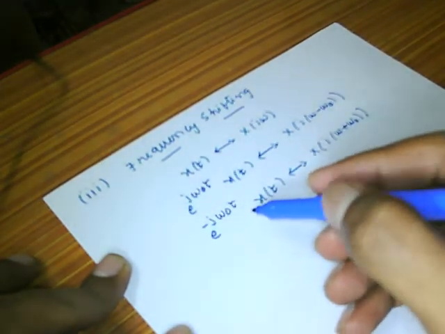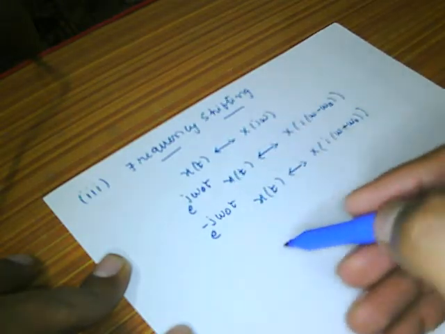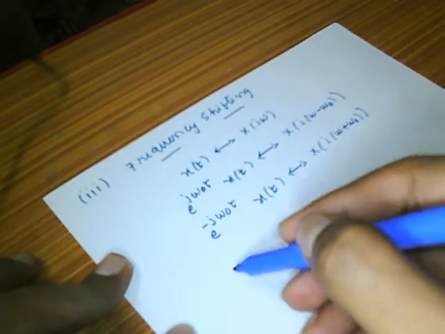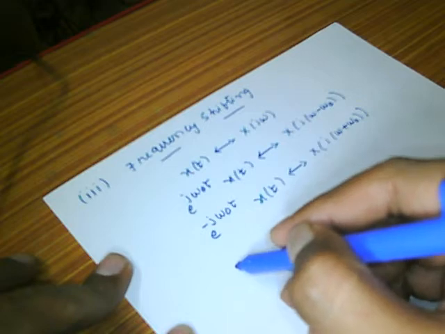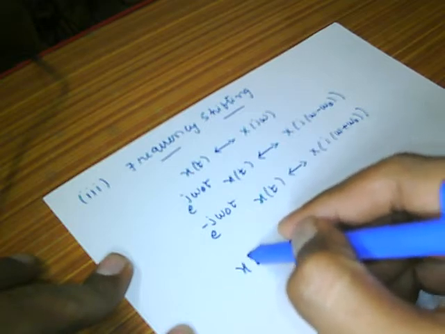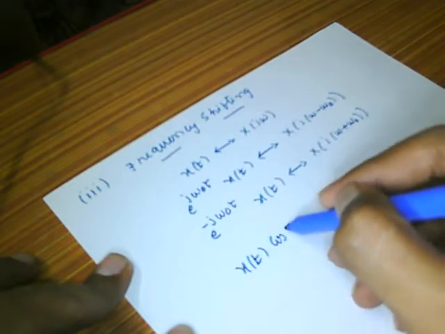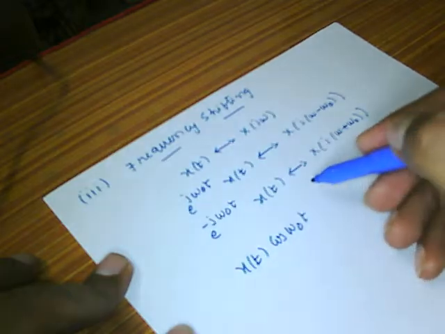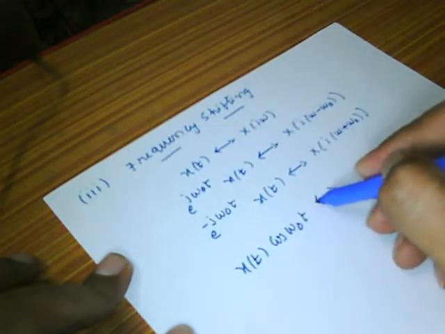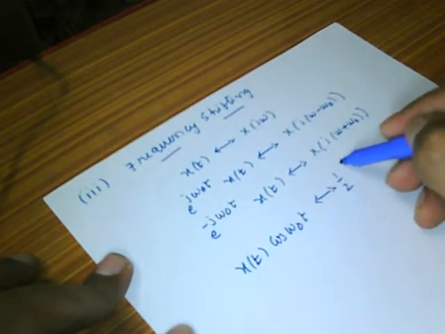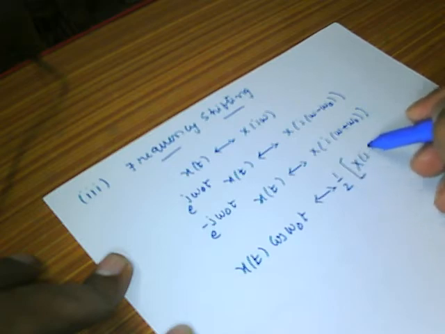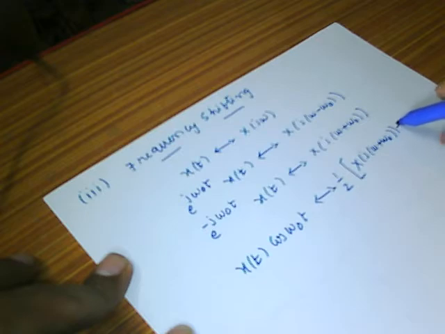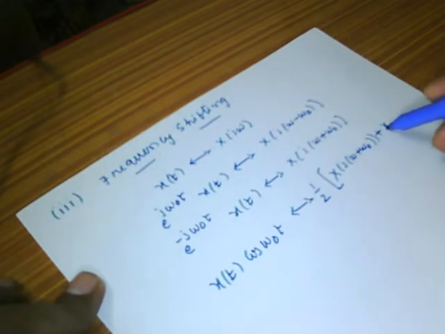So for example, if I add these two, the linearity property will help us in showing that x of t into cos omega naught t will have 1 by 2 into x of j omega plus omega naught plus x of j omega minus omega naught as the Fourier transform.